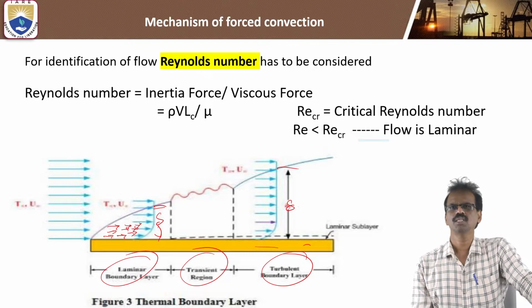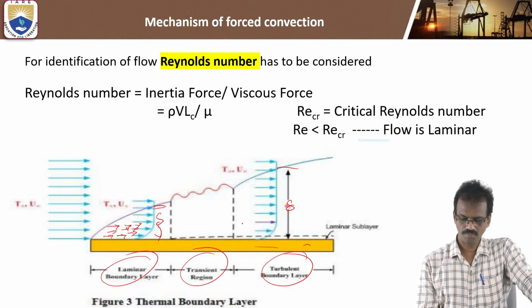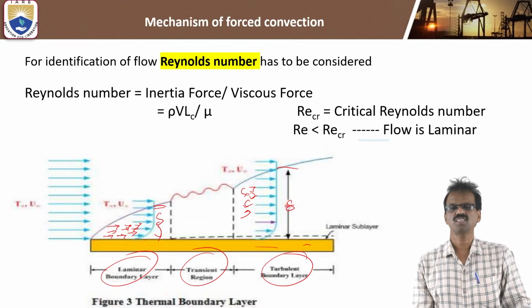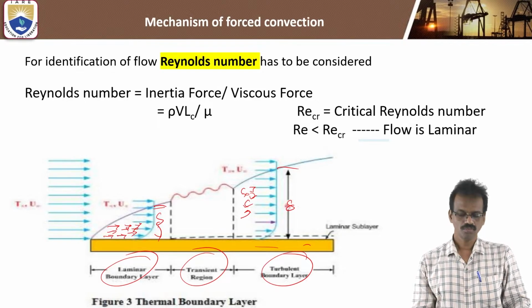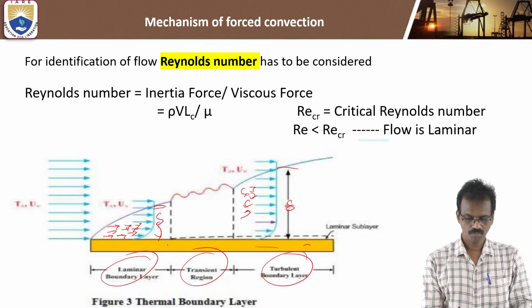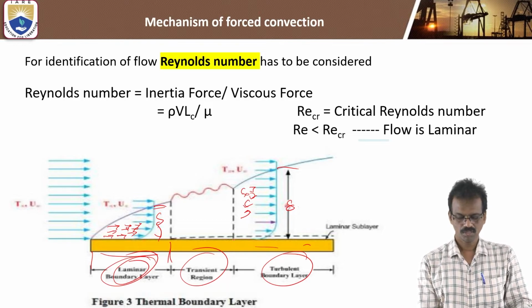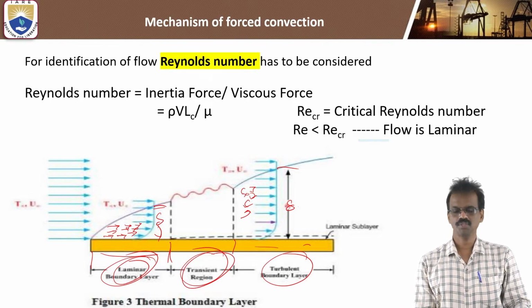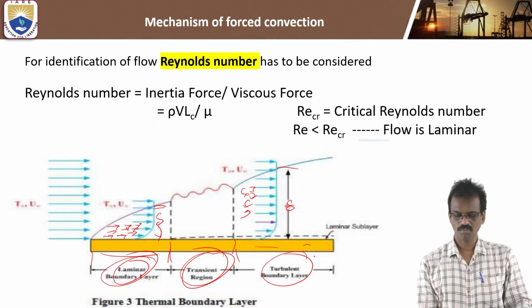In turbulent flow, the particles move in a zigzag position, mixed with each other. Up to this portion we call it the laminar boundary layer, this is the transient boundary layer, and after that is the turbulent boundary layer.